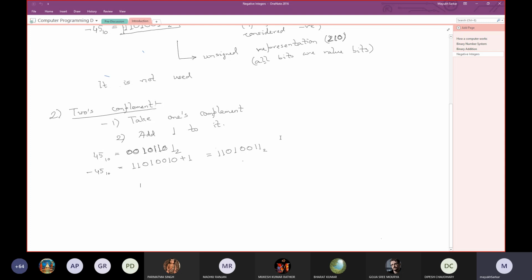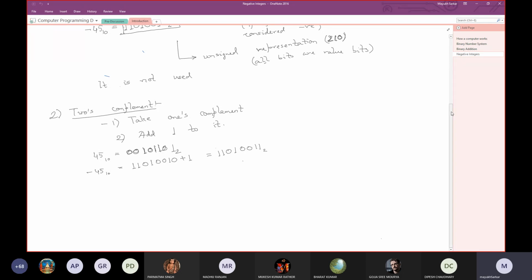Okay, so up to the previous week, this is what we have discussed in representing negative numbers.